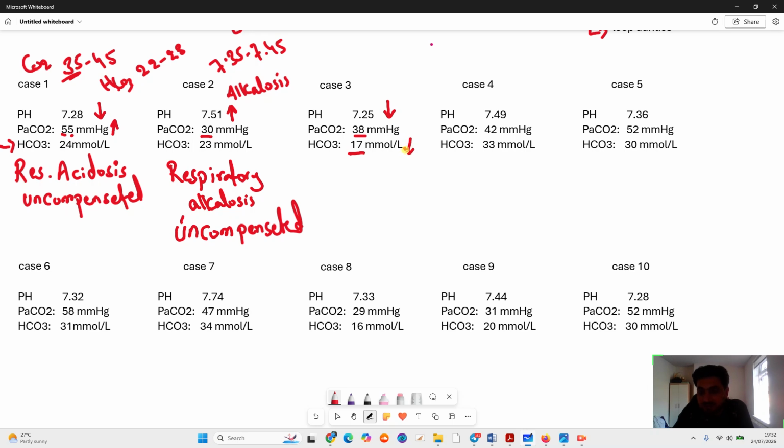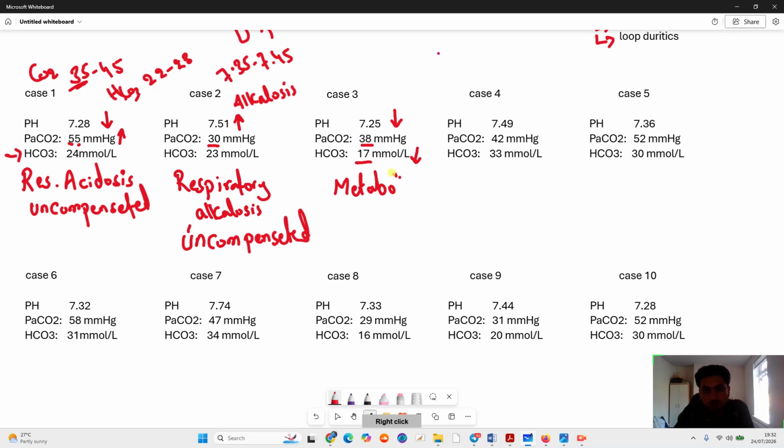The bicarbonate level is less. So what does it mean? It means the kidney is involved and the condition is metabolic. So we will call it metabolic acidosis.